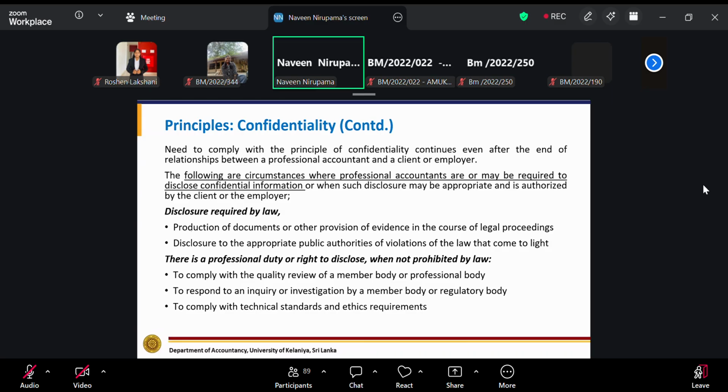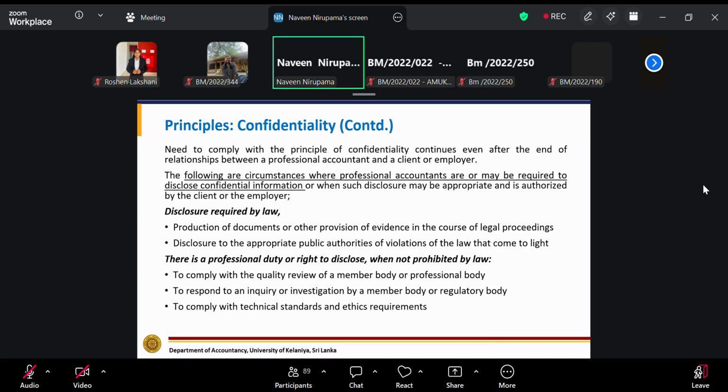Other than that, they can't disclose it. That's why the confidentiality principle has been developed for professionals.